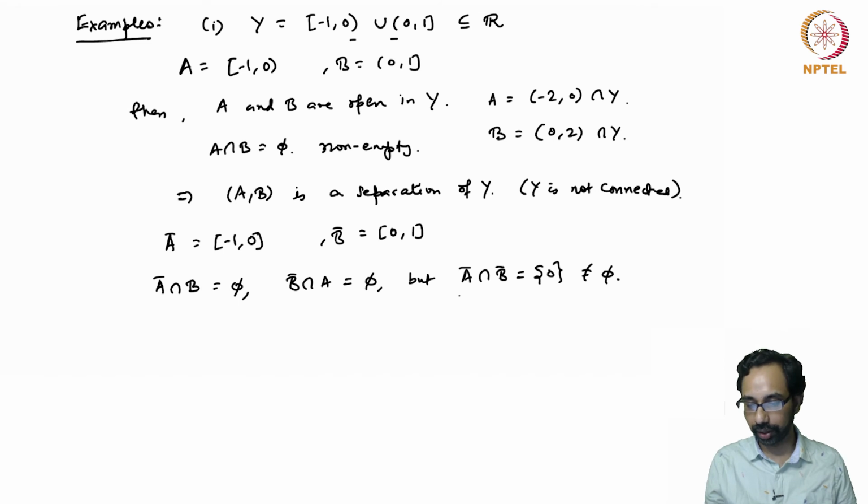Okay, so A closure intersection B closure might be non-empty, and yet the subspace Y can have a separation. Okay, so we only want these two, but not the third one, not the intersection of both closures.